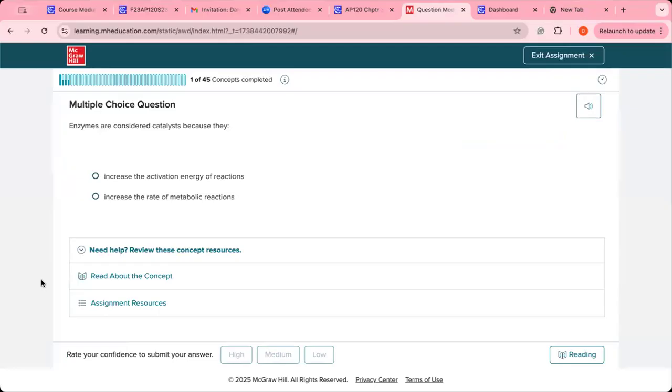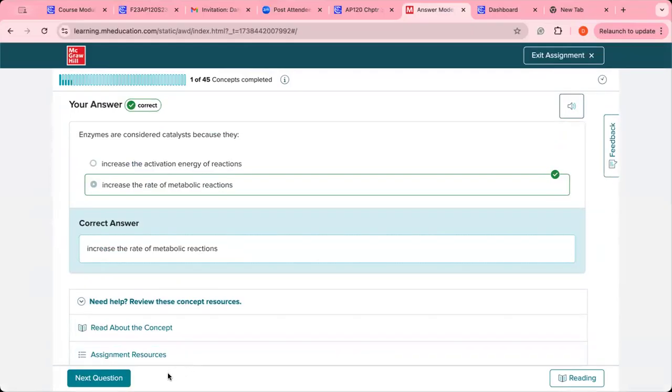So they increase the rate of metabolic reactions. Okay.